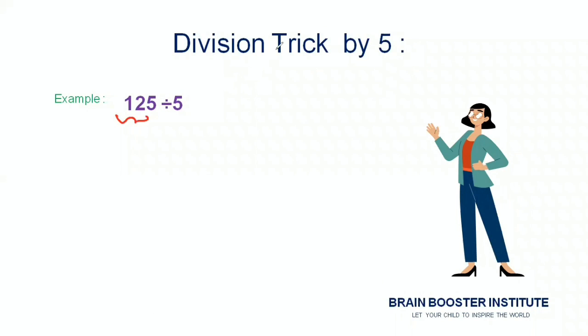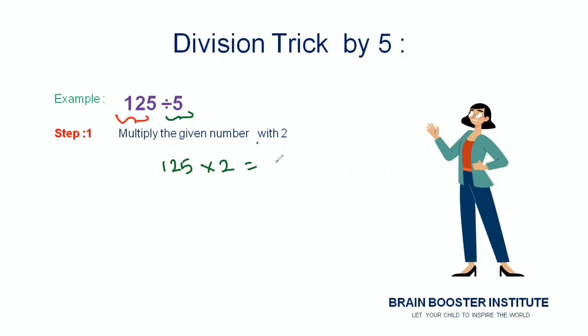Let us divide 125 by 5. That's it. So let's display step 1, my friends: multiply the given number by 2. The given number is 125, and multiplying by 2, 125 times 2 is 250. We got it here.